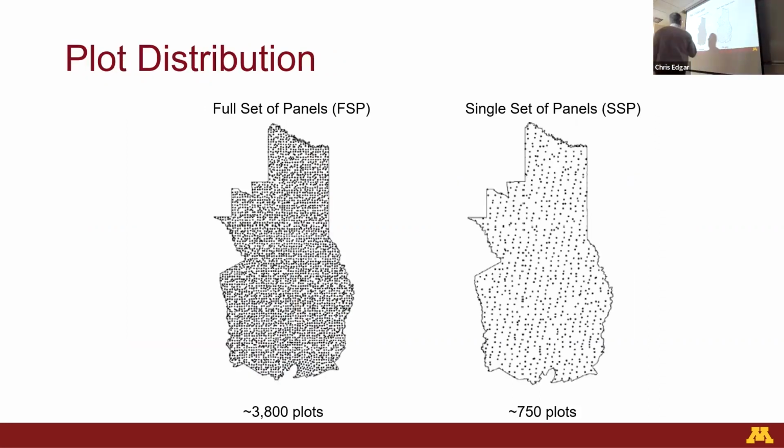So here's all the plots, all 5 panels of plots in East Texas, of which there's about 3,800 plots, about 1 plot for every 6,000 acres, kind of the standard grid. But again, those get broken up into 5 panels in East Texas. If you take a look at any individual panel, here's just one, you see that the sample is spatially balanced. So we actually get a sample from the population every year.